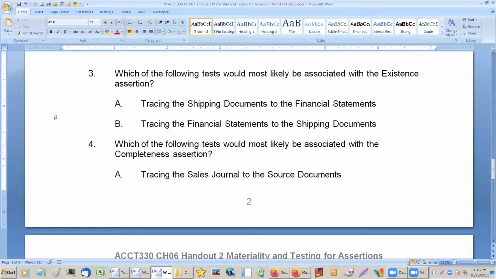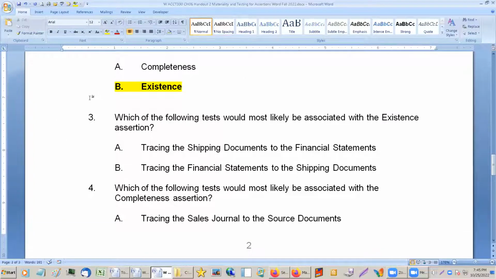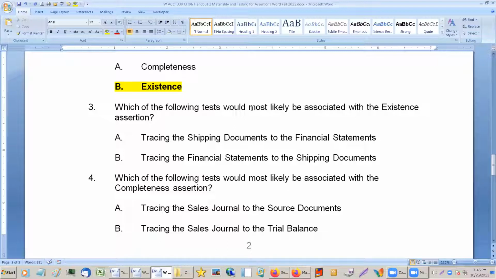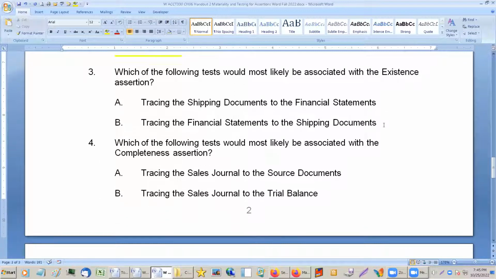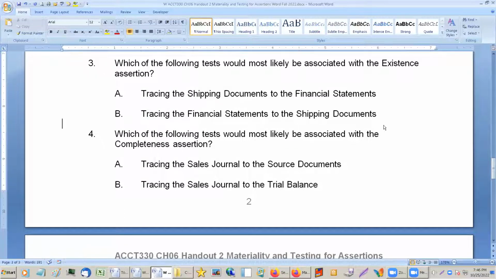Okay. Let's see here. Which defining test would most likely be associated with the existence assertion? B. Yeah, good. You're going to trace the financial statements to the shipping documents.